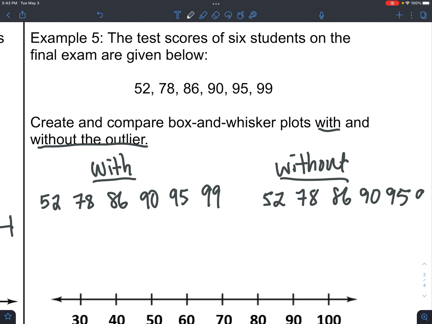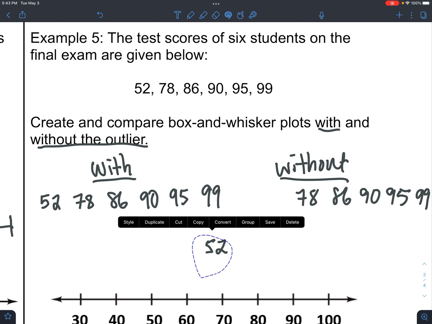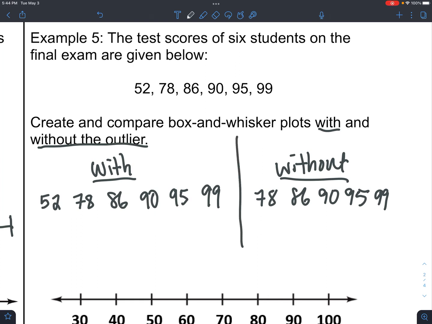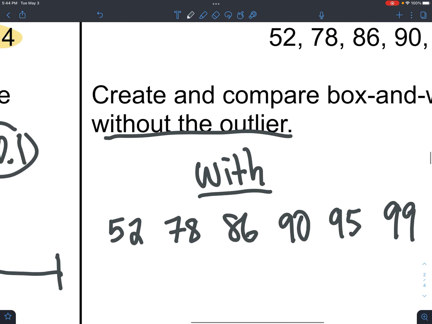So what is the outlier, by the way? It's this right here. 52 is substantially smaller than the other values. So what we're going to do is just kind of mark what's what.